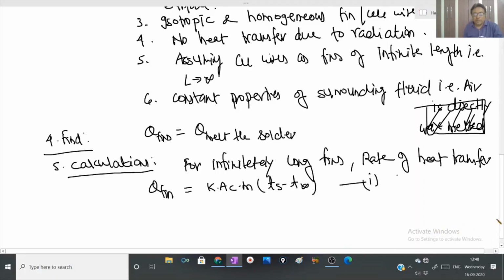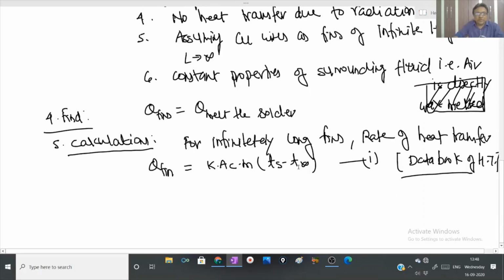If you don't remember this formula, you can find it in the data book of heat transfer. You can refer to the heat transfer data book by C.P. Kothandaraman. There you will find the heat transfer rate by fin of infinitely long length. So let us say this is equation number 1. Now in this equation, k is known, Ac is the cross-sectional area of the fin, and m is the fin parameter. So let us calculate one by one.